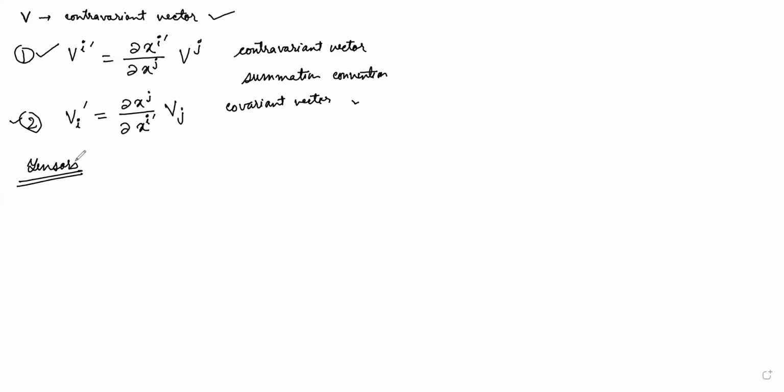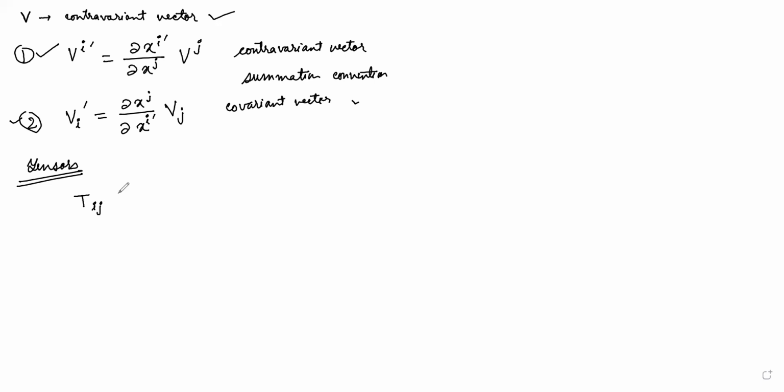Tensors may be covariant of any rank, contravariant of any rank, or they may be mixed. Let us look at some examples. First, a second rank covariant tensor, let us call it T_ij.